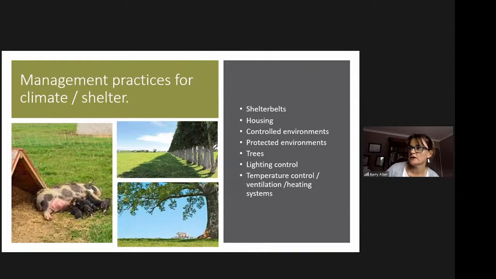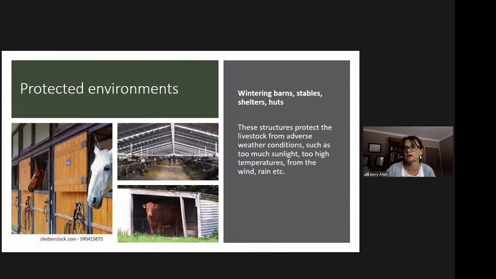So these can be completely controlled environments, which insects, horses, pigs, poultry live in. It can also just be lighting control, which sometimes is done to horses. It could be just having a warmer area where they can get away. Could be on a farm, just a tree. So depending on the livestock will depend on what shelter is required.